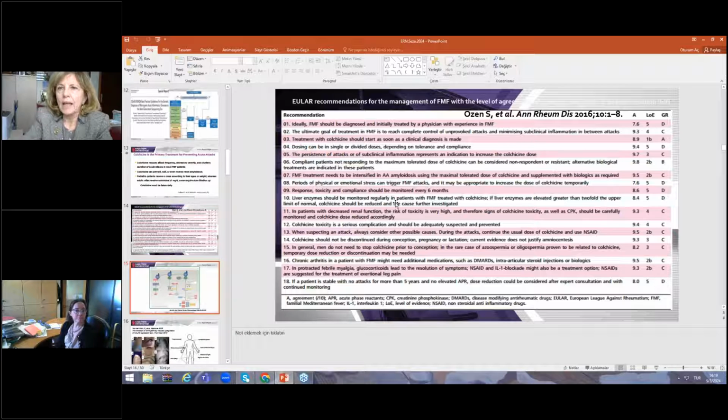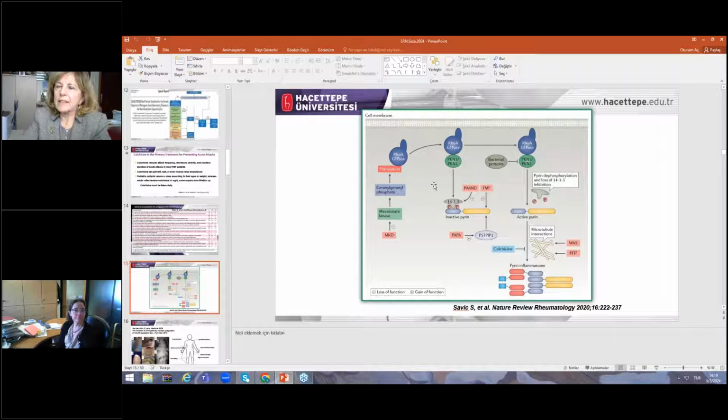So let's leave FMF there and move to another very common, well, at least in Western Europe, monogenic autoinflammatory disease. And this is mevalonate kinase deficiency.